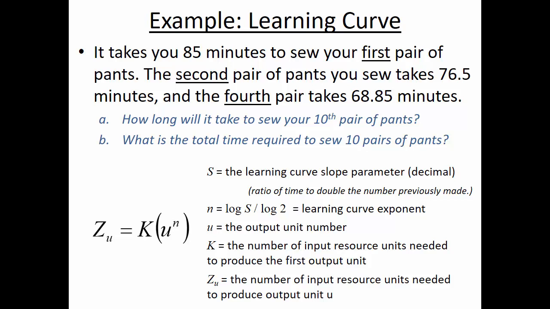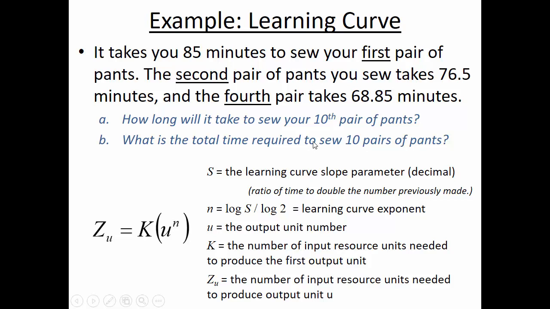Okay, so that means it would take 59.9 minutes when you're sewing the 10th pair of pants, because you've got more experience, you're working more efficiently, you've learned maybe some tricks along the way, and it takes less time to do it.